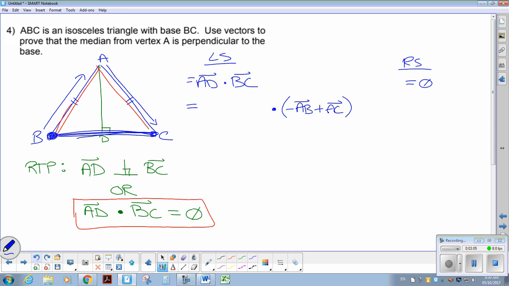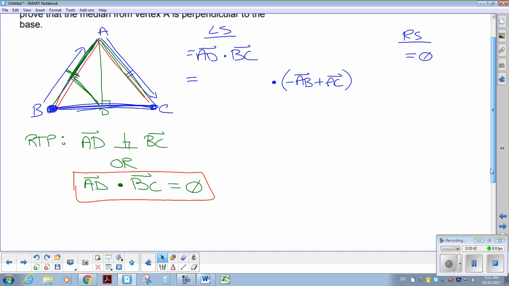Now, AD, much trickier. If I go down AB, I'm not going to be able to get to that D vector, so I'm only going to go part way. If I go halfway here, then I slide the AC vector over here. I don't want the whole vector, I just want half of it. We can slide these vectors because vectors can be moved as long as they keep their orientation and magnitude. We can do this two ways.